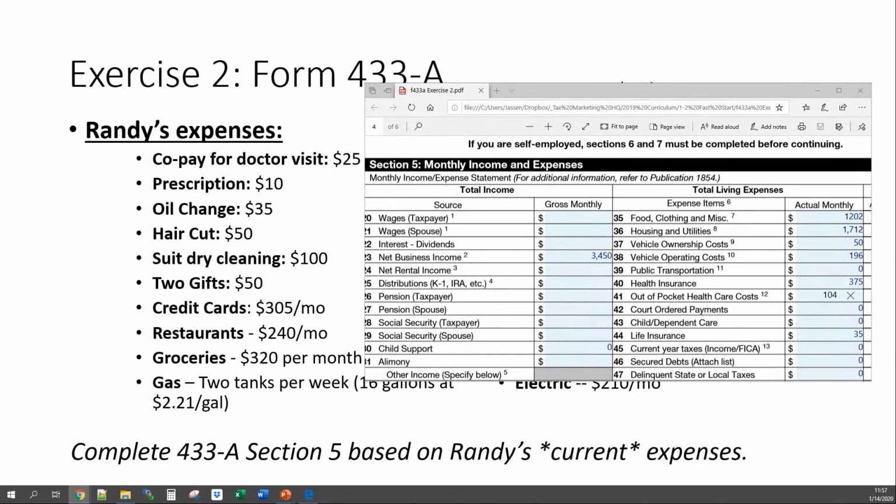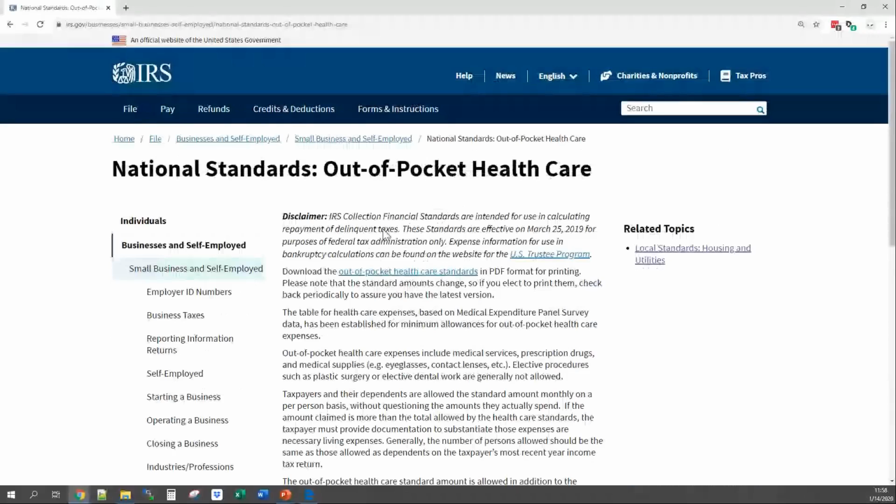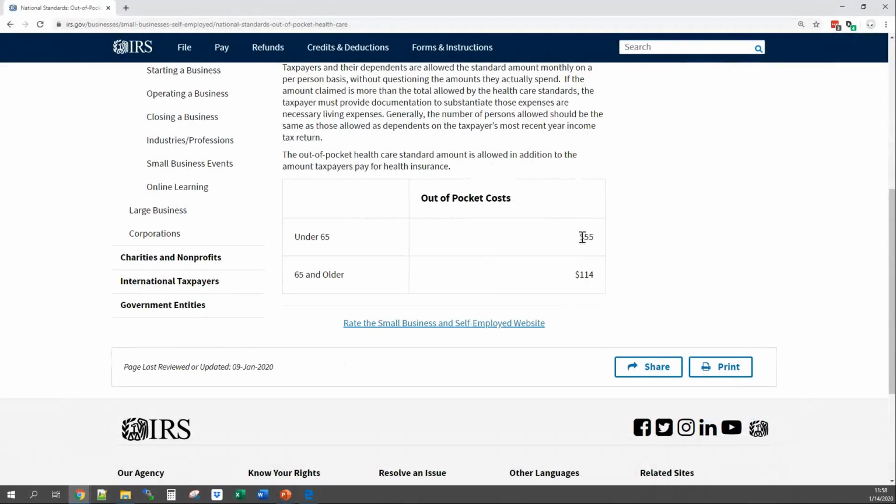No, it's not. And the reason is, and I'll put this up on the screen so you can see it, because the IRS standard is $55 a month per person under the age of 65. And so we've got a 45-year-old and a 13-year-old. So that's two people times 55.